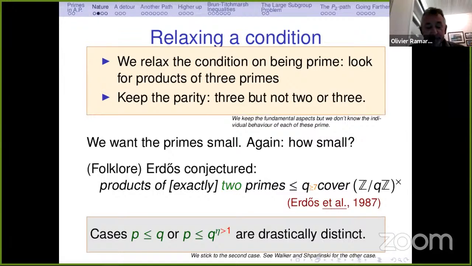They're completely different because if you ask that p is less than q and p is congruent to a, you have at most one of them that is possible. So these 2 cases are completely different, and I'm looking only at p larger than q to some eta with eta strictly larger than 1. Well, it can be 1 plus epsilon, but really, it's this kind of problem that we're looking at.